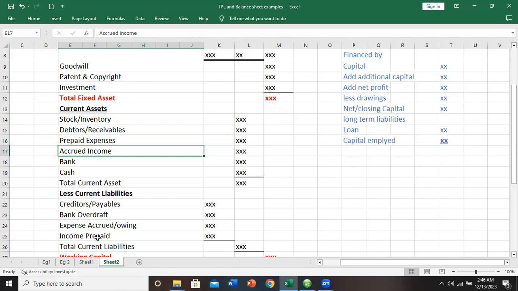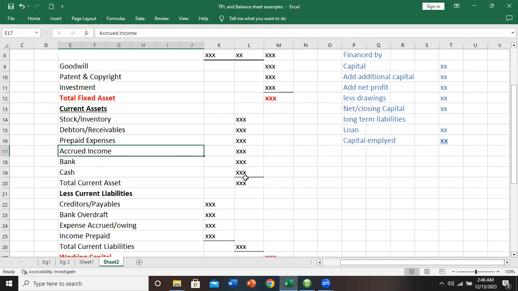So just take your time and really analyze this prepaid expense and accrued income. And trust me, when we pick the adjustments, they will pop up there. So we'll look at them. But what I want you to appreciate is that when you are preparing your balance sheet, bring your fixed assets first, followed by current assets, followed by current liabilities.